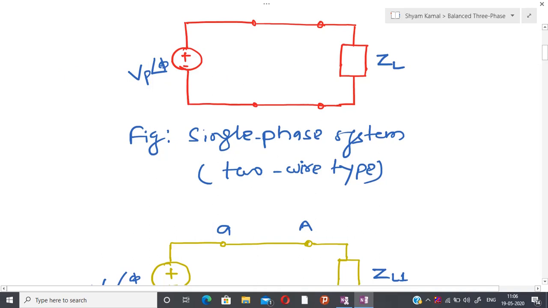Here ZL represents the impedance, and I am assuming that I have an arbitrary connection of an RLC circuit. Here I have the generator, and Vp is the RMS magnitude of the source, and phi is the phase.